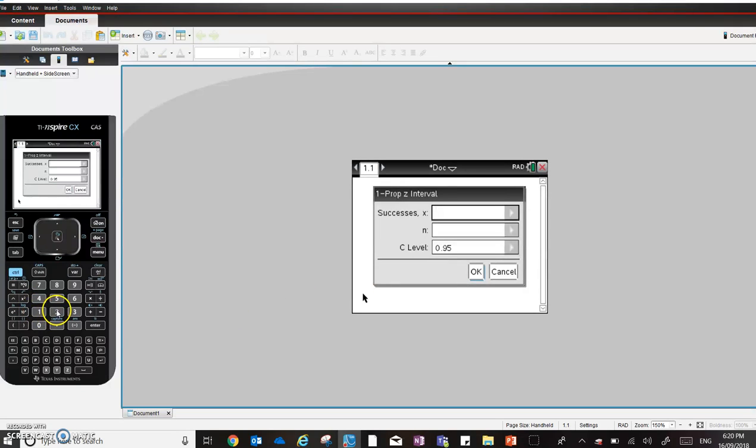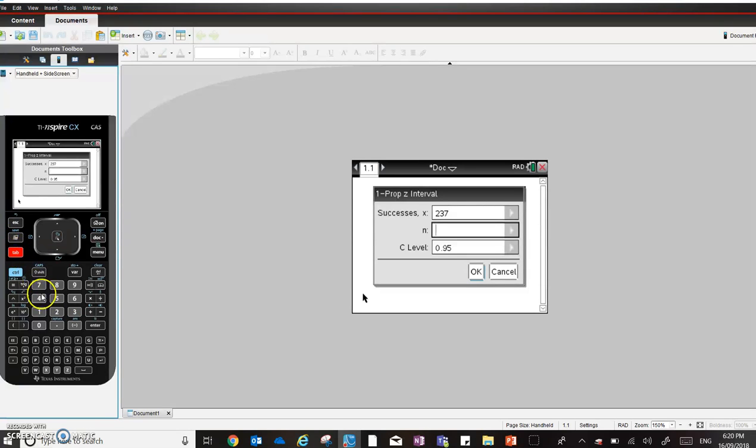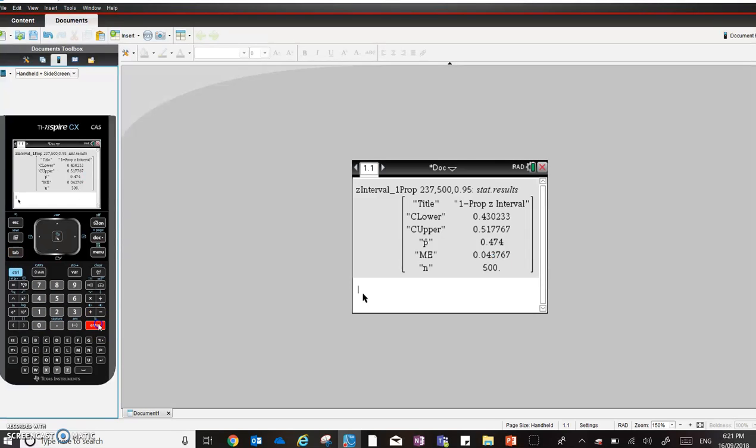Remember, our number of successes, X, is the number of people in the sample who answered yes to the question. So I've got 237, and N is the number of people in the sample, and that's 500. Then I go down to OK, hit enter, and here is my screen.